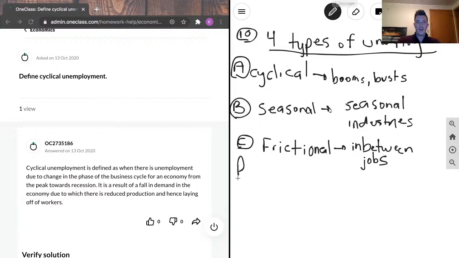And lastly, we've got structural unemployment. And structural unemployment happens when there is a demographic mismatch of some sort. So for example, maybe there are jobs hiring in your city and they are all tech jobs, but you are looking for a job, but you're 60 years old with no tech skills.